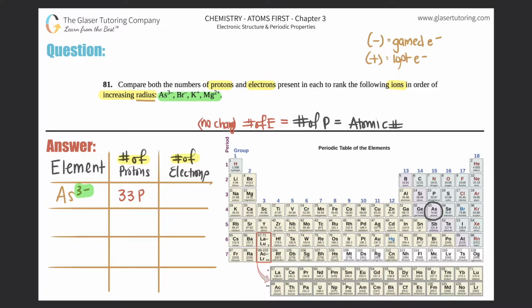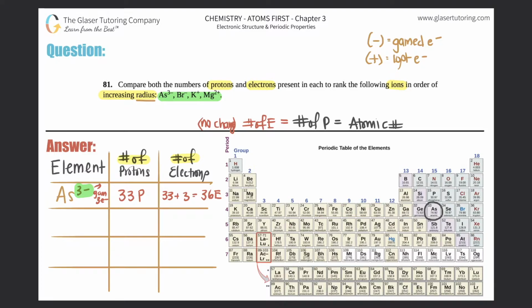That's super important. So here, it would be the 33, because protons should equal electrons, but now you gained 3 electrons. So 33 plus 3 is now a total of 36 electrons. So let's do the same thing for the other 3.